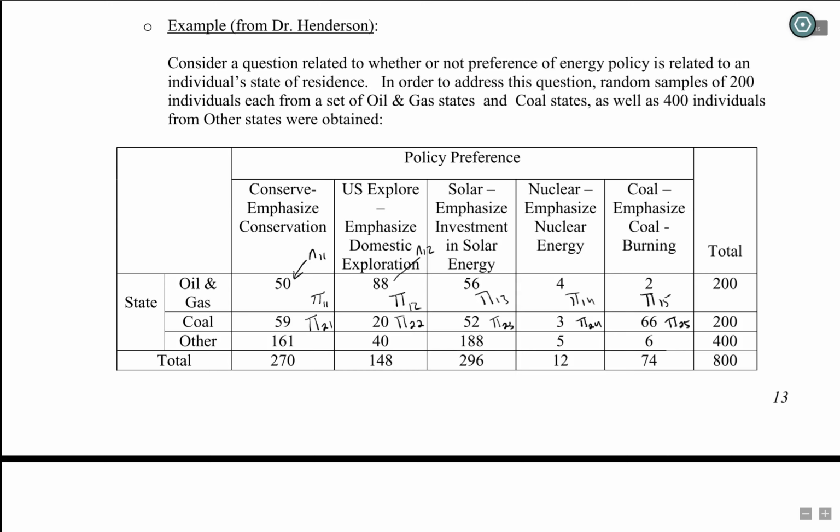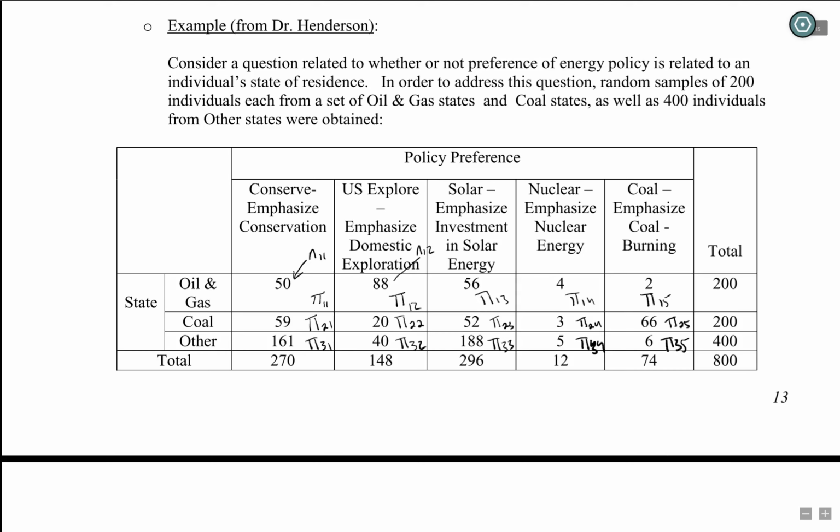For the last row, the other states, there is a pi 31 generating that count, a proportion pi 32 generating the 40 count, and so forth: pi 33, pi 34, pi 35.